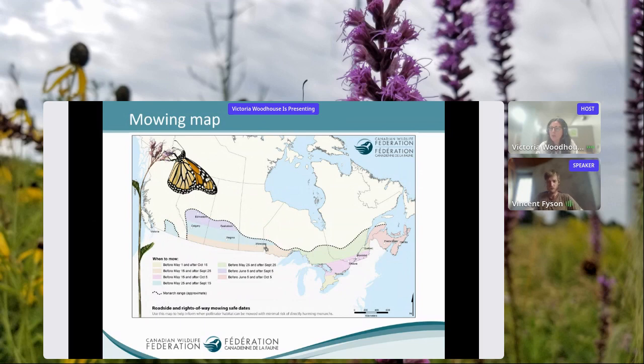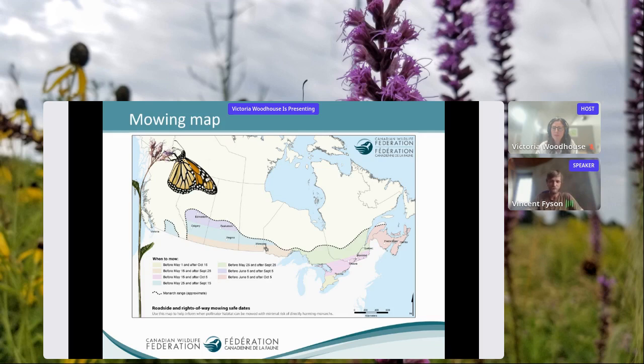Yeah, so one of the challenges, of course, is whether this map is at all feasible. If we're looking at the dates, say for the furthest southern point of Ontario, then the safe date when to mow is before May 1st and after October 15th. So that might be a challenging date for a lot of rights of way managers down in far southwestern Ontario, where you typically wouldn't mow before May 1st because not much has grown yet.